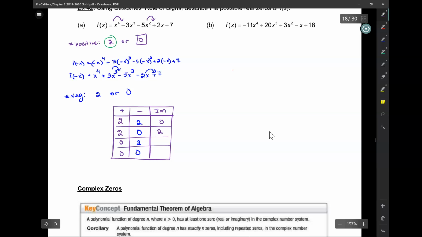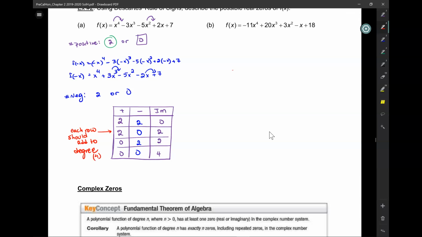Here, how many more do we need to make 4? 2. And the last one? 4. Okay, so let's recap. Each row should add up to the degree. In this case it's 4.